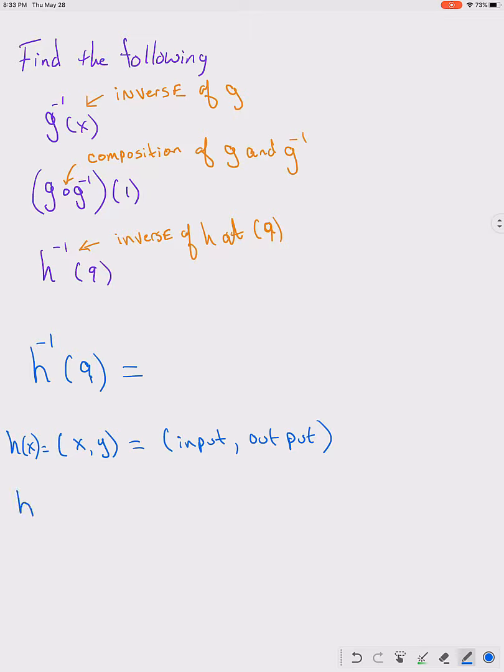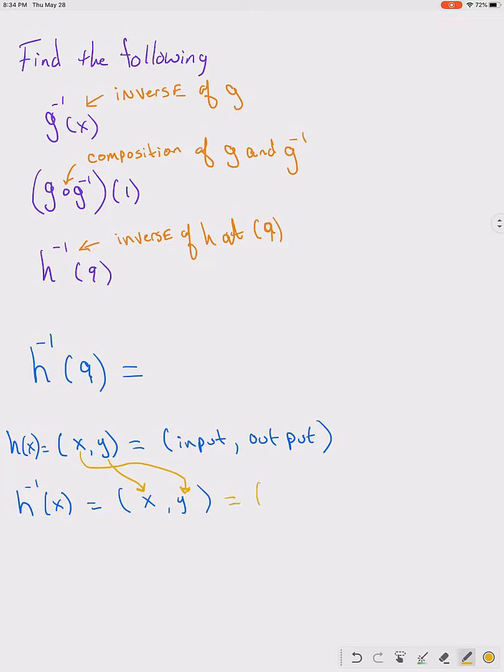So now for h inverse of x, we're talking about a new x and y, but what happened was the y from h goes in the x spot, and the x from h goes in the y spot. This is what the inverse means, right? We're inverting them.